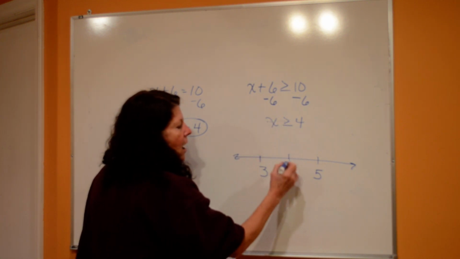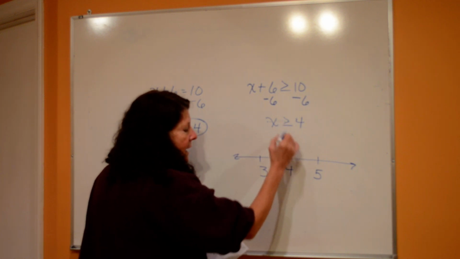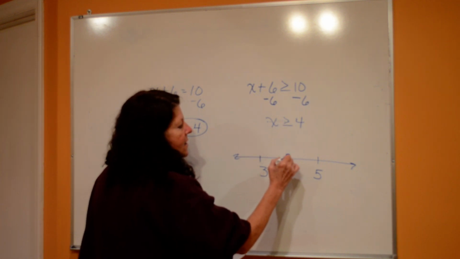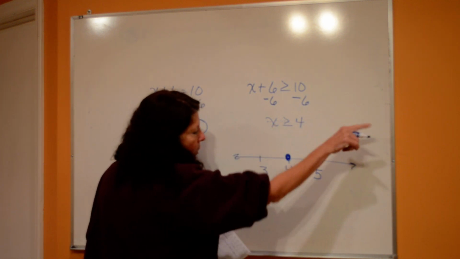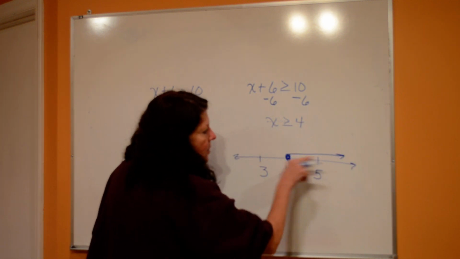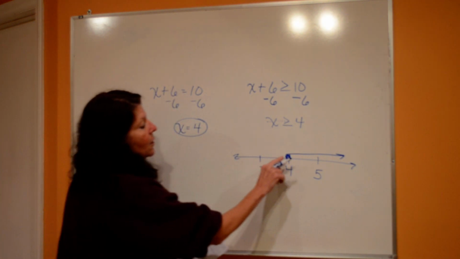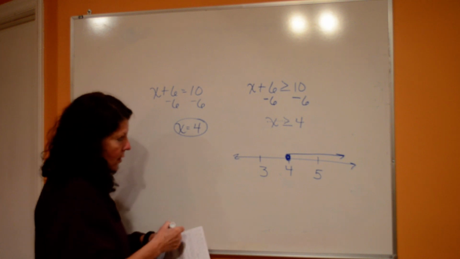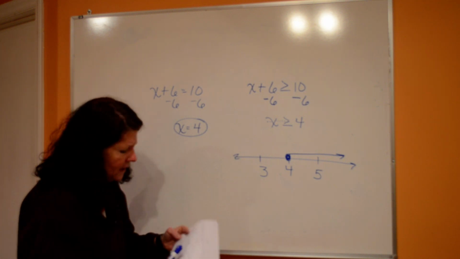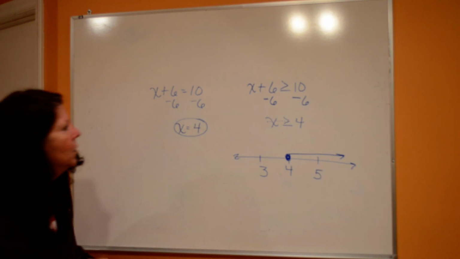If I have a solid line underneath the inequality, then I need to put a solid dot on that 4. The arrow points in that direction, so that's how I'm going to graph it. So I know that everything from 4 and above is going to work. Okay? Let's do another one. Do a few more.